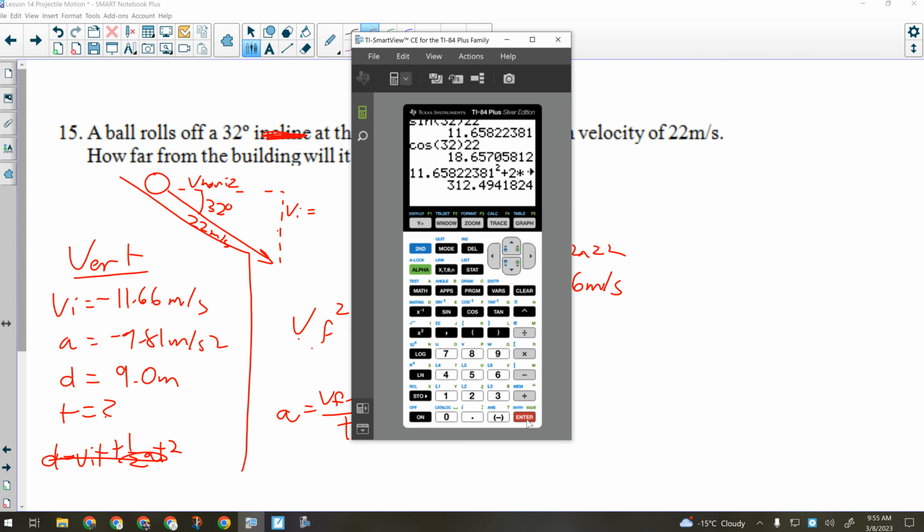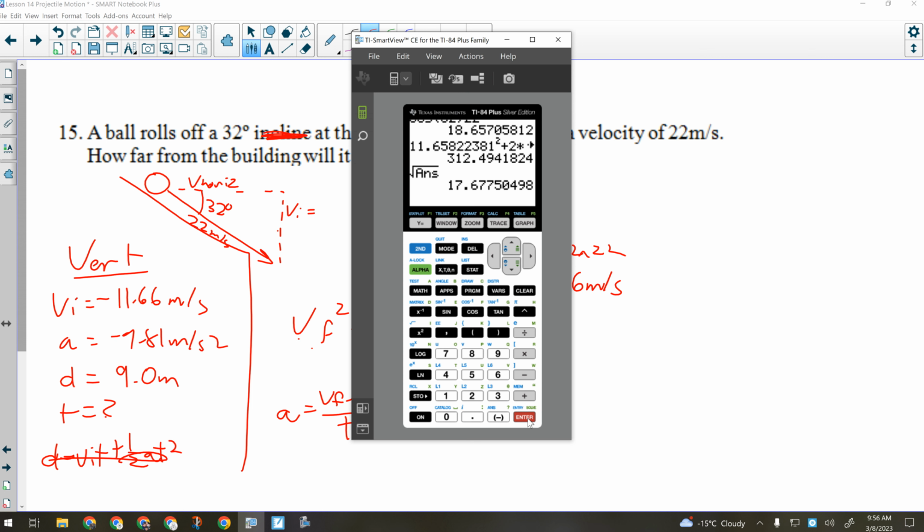All right, now here's why we have to do that. I need to get a positive number here, because if I get a negative number, can I take the square root of it? So I have to recognize that's not a positive number. VF is downwards, and it's going to be negative 17.68.